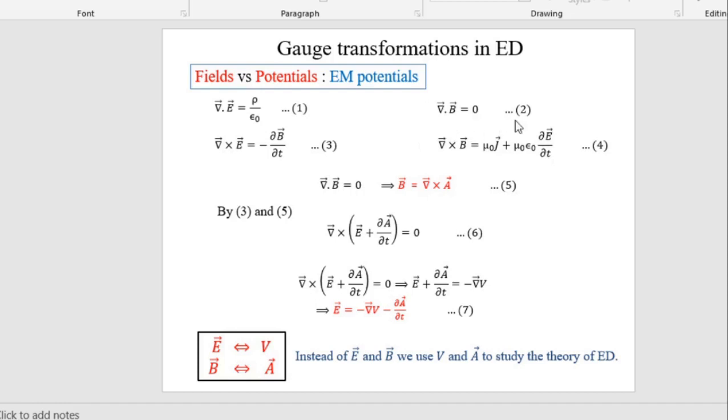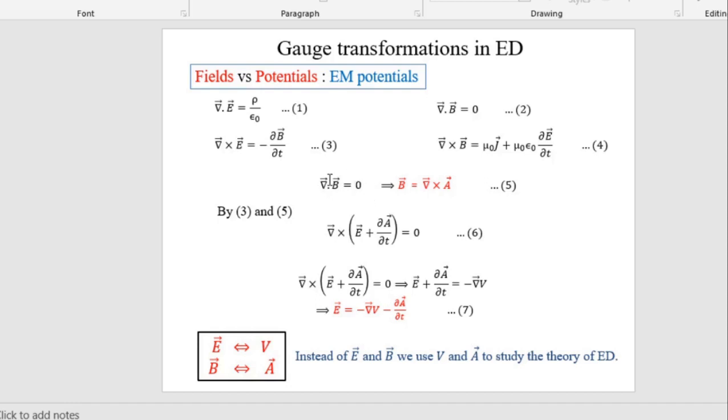Now let us consider equation 2, that is divergence of B is equal to 0. This implies B is equal to curl of A. This follows from the mathematical principle, which we know from vector analysis, that divergence of curl of a vector is always equal to 0.